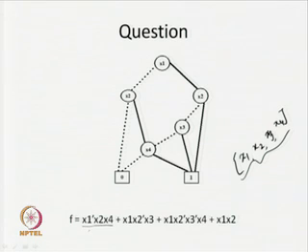So, this is the OBDD representation of this given function, and you can check that none of the reduction rules can be applied here. So, you can say that this is the ROBDD of this given function.